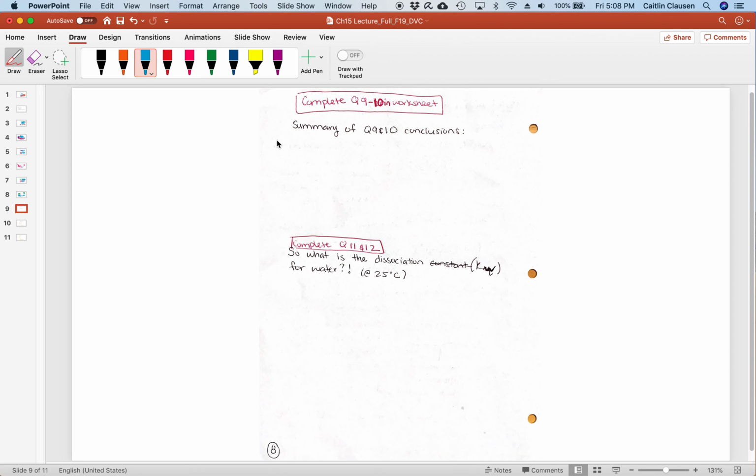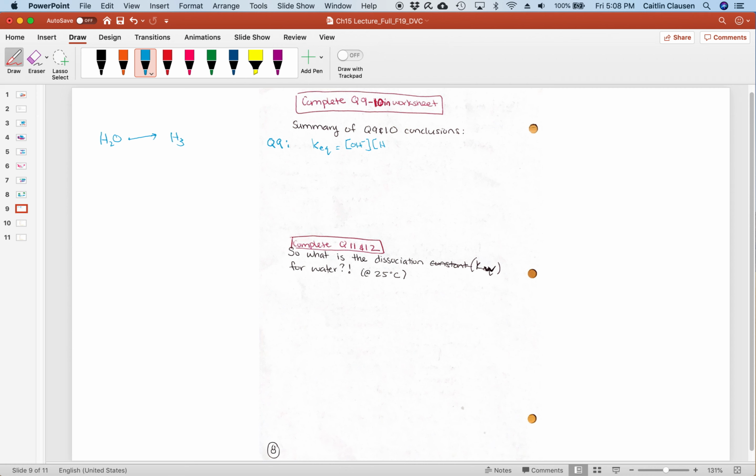So question 9. We learned that the equilibrium constant for the auto dissociation of water. Alright, so auto dissociation of water, which you also had in your worksheet.